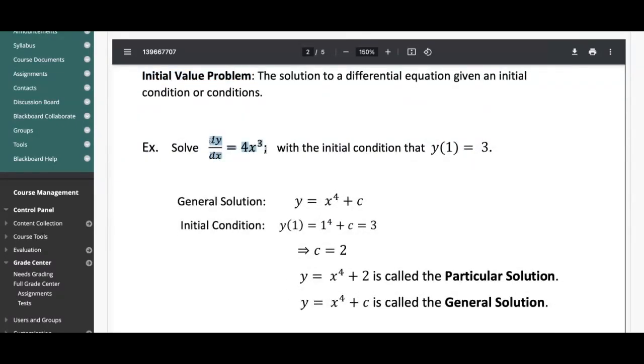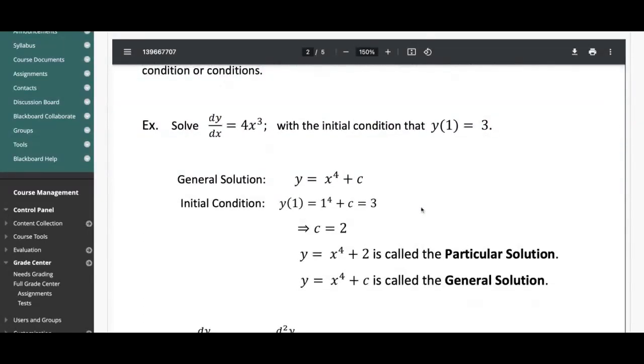Let's see this example. Also, y prime equals dy over dx equals 4x cubed. And given an initial condition, which is 1 point, right? X value is 1, y value is 3.